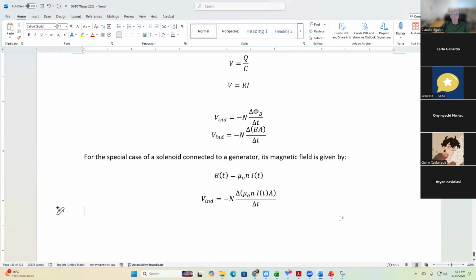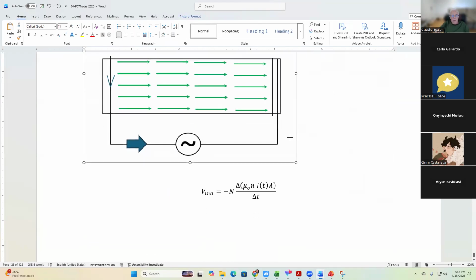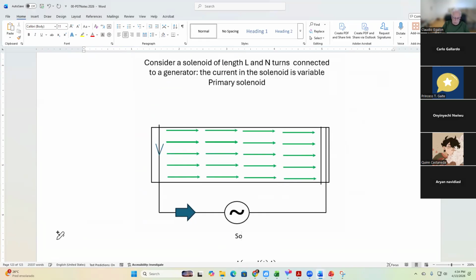Okay, for the special case of a solenoid connected to a generator, its magnetic field is given by, okay, like that. Solenoid of N turns connected to a generator.